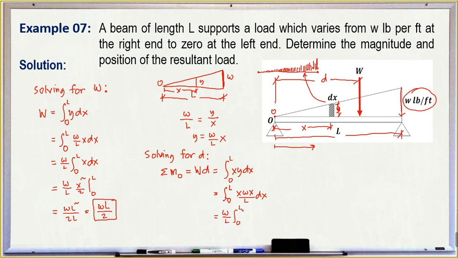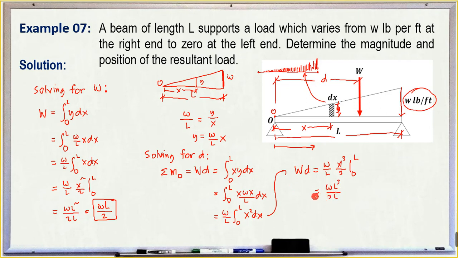So what's left is x squared, x squared dx. Now ato i-simplify. So W D equals W over L, and this is x cubed all over 3 evaluated from 0 to L. That is W L cubed all over 3L.